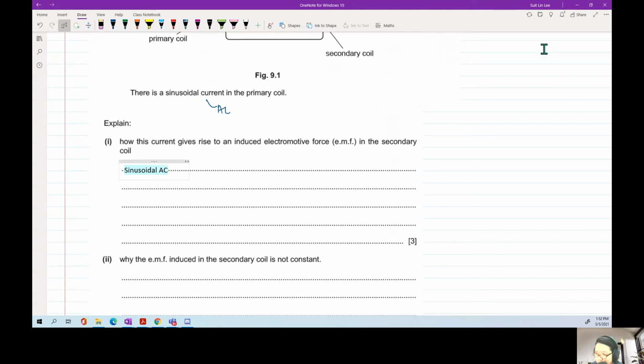Alternating current. Just mention current, changing current. Okay. A changing current creates a changing magnetic flux in the primary coil, because this sinusoidal current is in the primary coil.